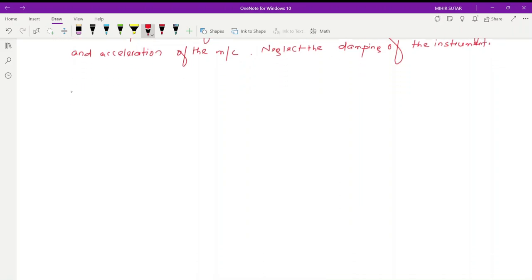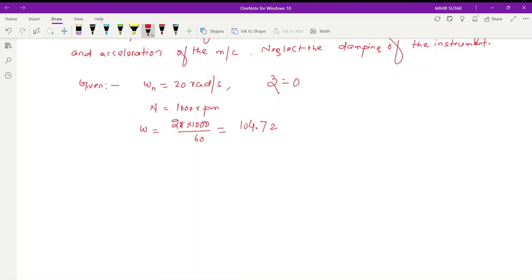Now we have the given data. Omega n is 20 radian per second. Zeta is 0 because damping is neglected. Speed N is 1000 rpm, so omega is 2 pi into 1000 divided by 60, which is 104.72 radian per second.